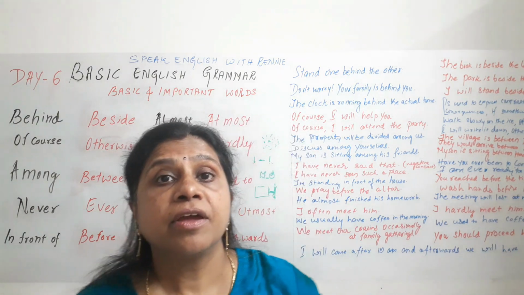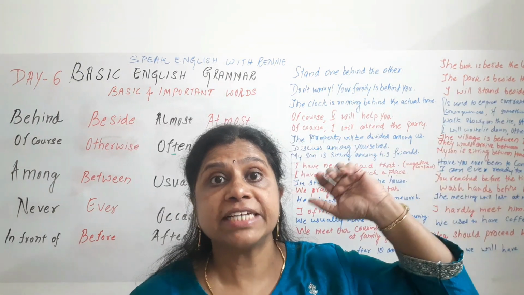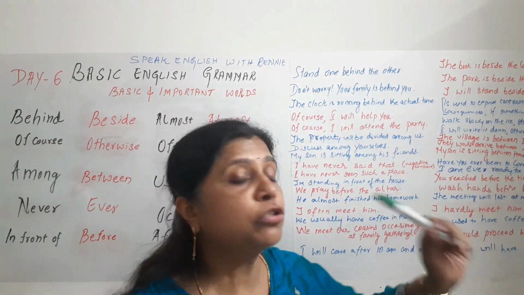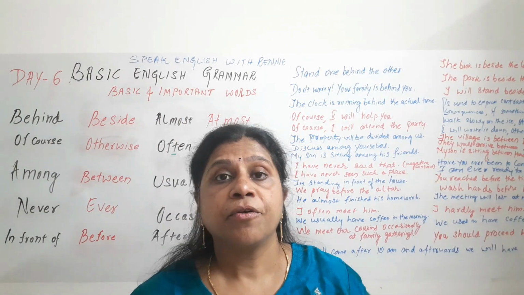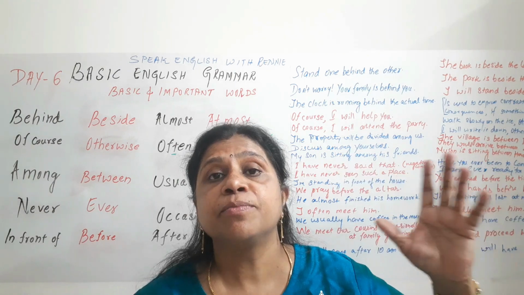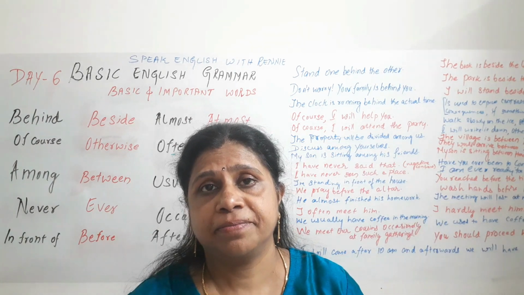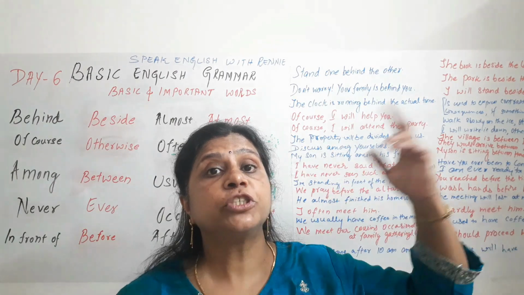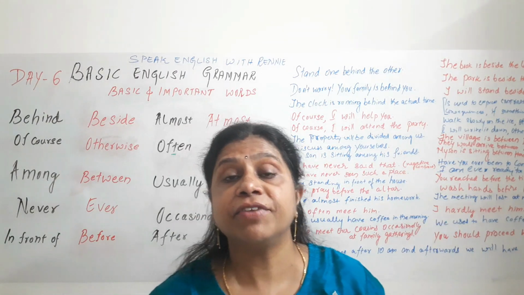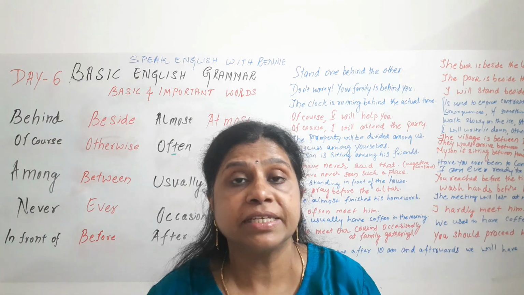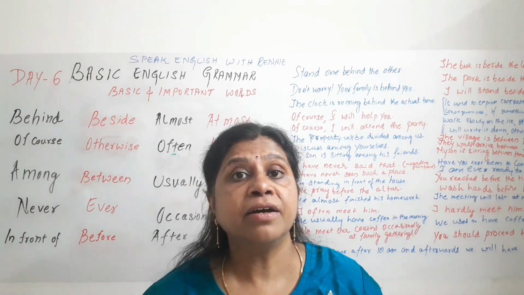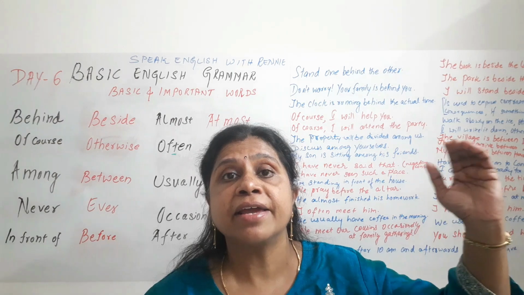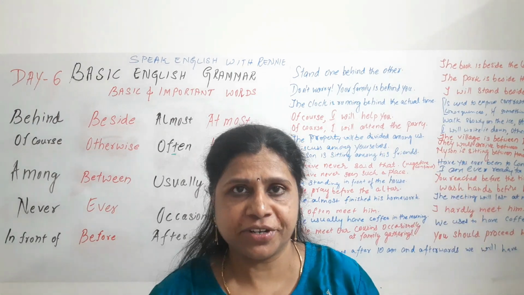Utmost means very high level or extreme. Utmost caution means very extreme care. Right? For that we use utmost. He has given utmost importance. That means he has given an extremely high level of importance.